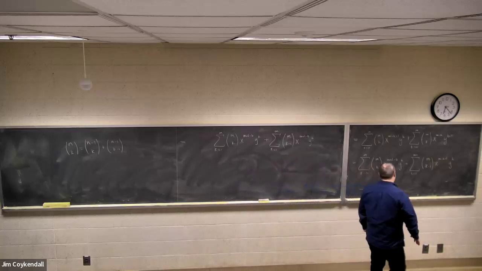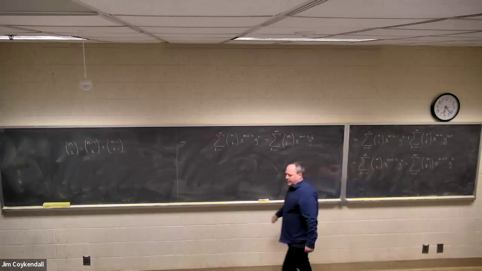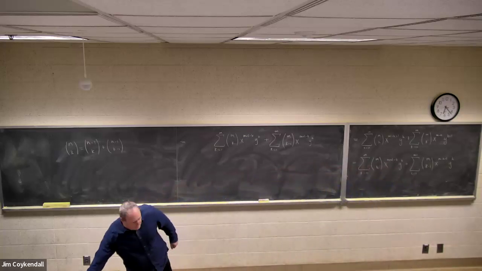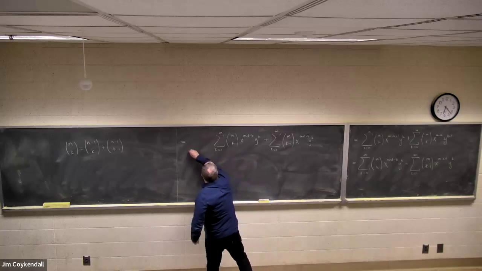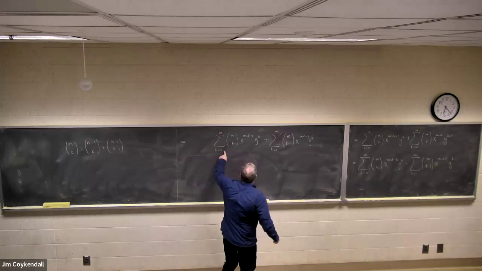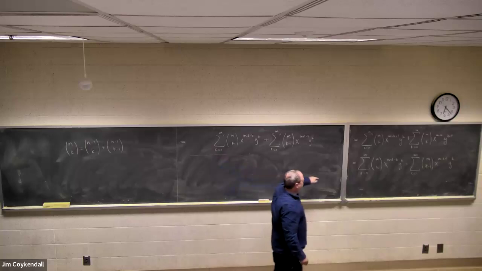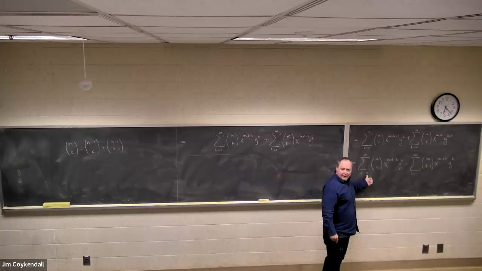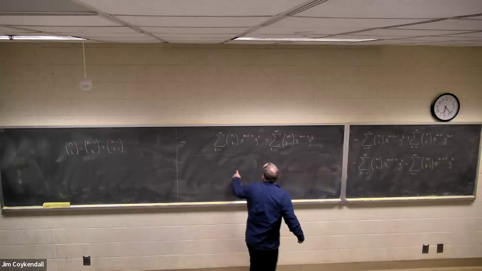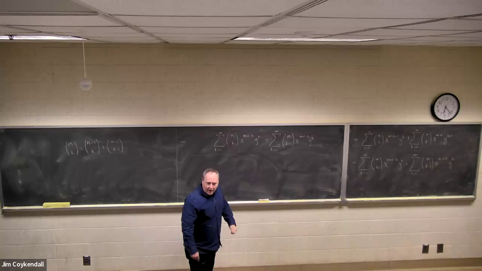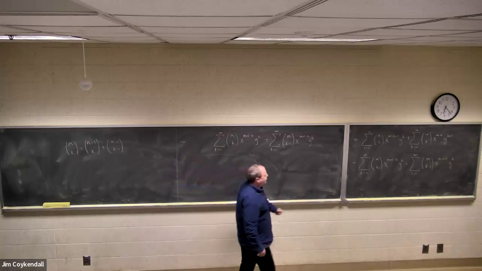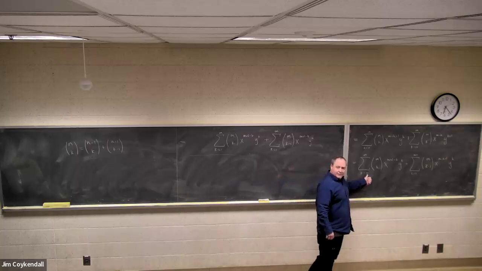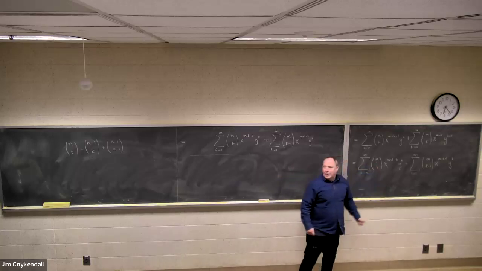Now notice, I'm doing a little work on these things. This thing sort of is the first sum. But what have I left off? I left off the k equals 0 term, right? This was supposed to sum from 0 to m, and now I'm only summing from 1 to m. How do I fix that? I'll put the 0 term out front. And what is the 0 term that comes out of this? M choose 0.